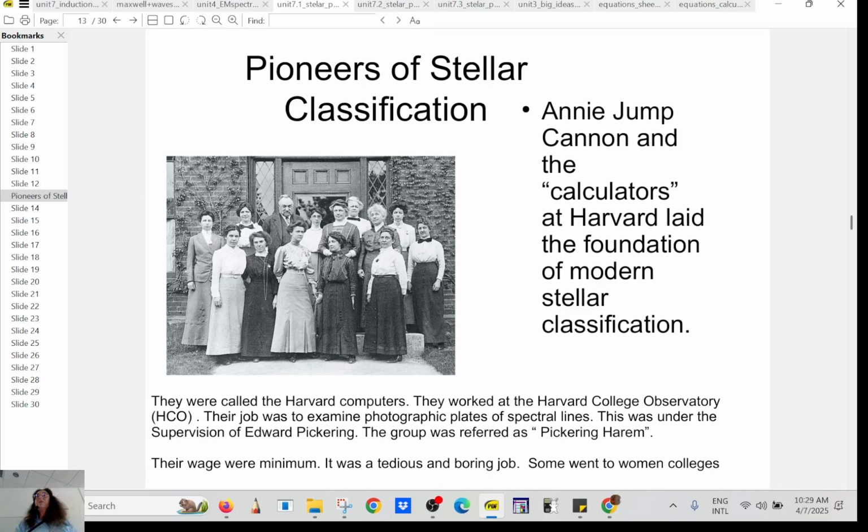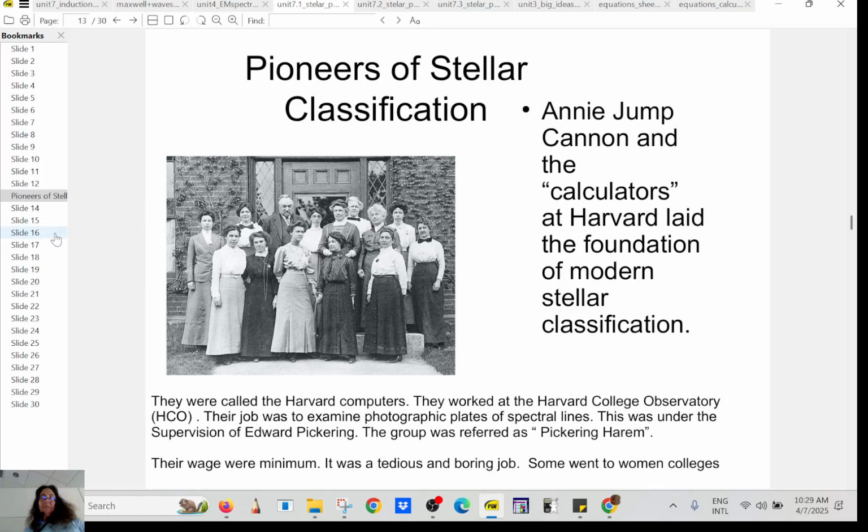Some of them graduated from there, but not all of them. Of course, you could not go to Harvard University if you were a woman. The first one allowed to go to Harvard University was Cecilia Payne, in 1920. So you had to wait until 1920 for women to be allowed, but it was not just women. People who were not wealthy didn't have access to universities at the time. So anyway, that's not my point.